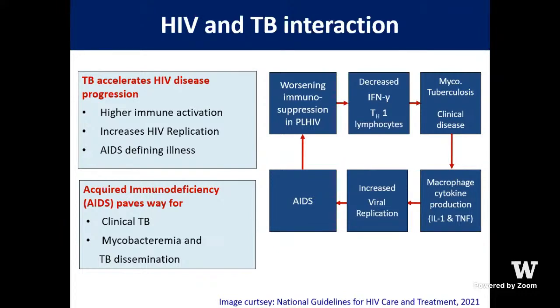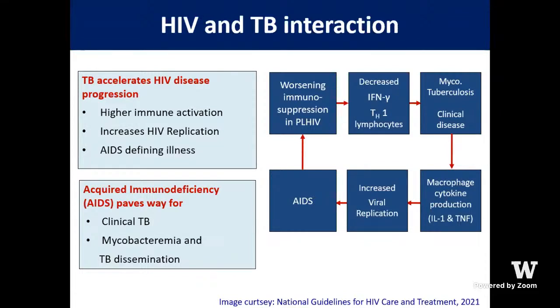So what happens when there is TB? The macrophage cytokine production, that is interleukin 1 and tumor necrosis factor, is increased, and co-receptors like CCR5 and CXCR4 are activated by the TB infection. So increased viral entry and viral replication occur in a TB patient with HIV.